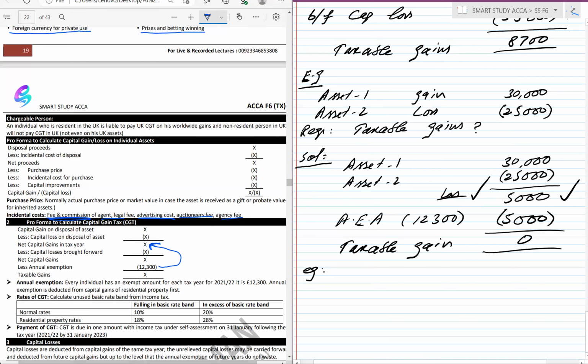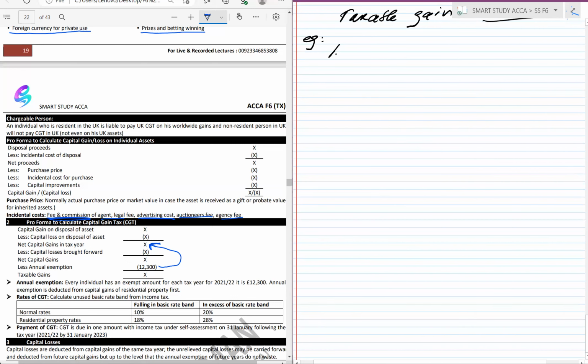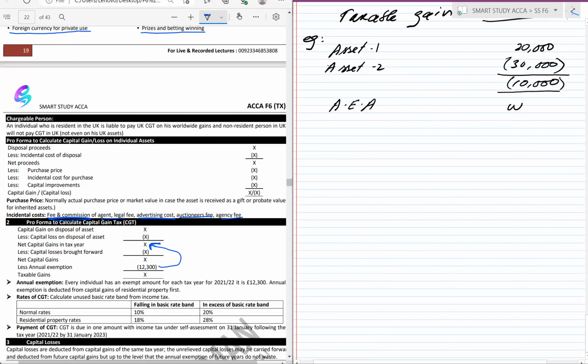Let's practice another one. On asset 1, we have gain of 20,000 pounds. On asset 2, we have loss of 30,000 pounds. So in this way, we have net loss of 10,000 pounds over here. So our annual exempt amount will be wasted.